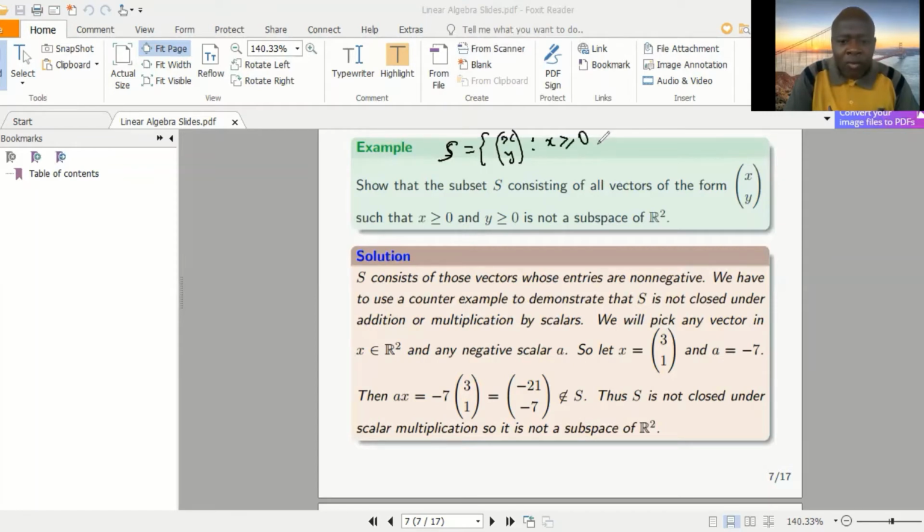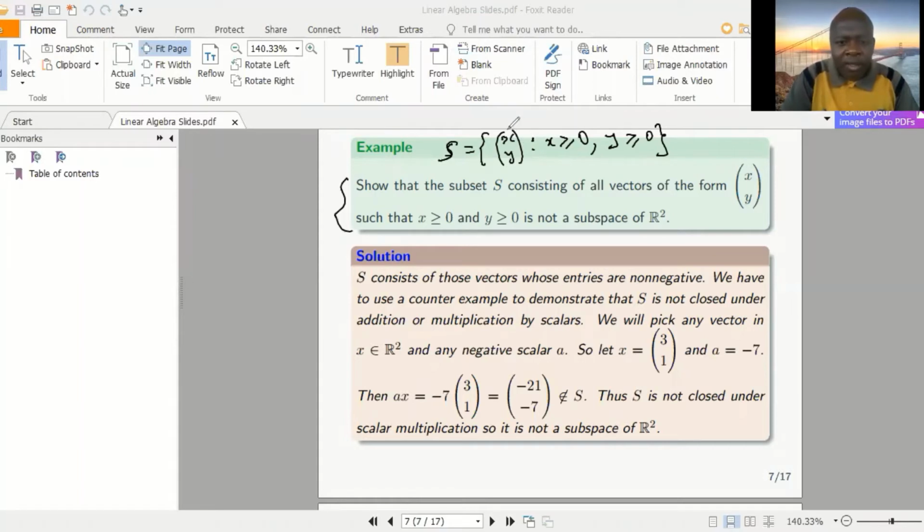I want you to know how to write it differently, so that when you see it written in a different way, you don't see it as something you've never seen before. So if somebody writes it this way or this way, it's the same thing.